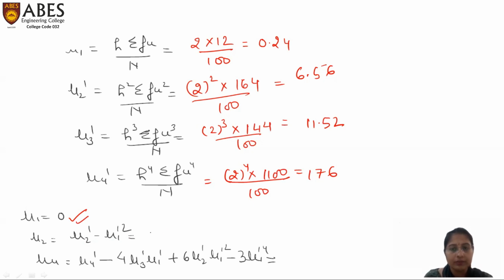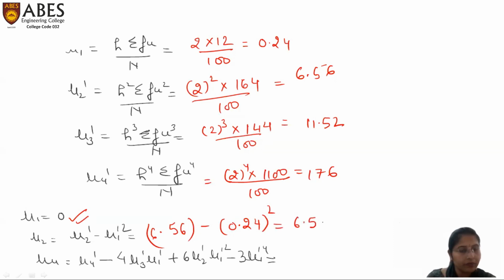So mu2 dash is 6.56 minus mu1 dash, 0.24, whole square. The calculation is 6.5024. Now mu4 is mu4 dash minus 4 mu3 dash mu1 dash plus 6 mu2 dash mu1 dash square minus 3 mu1 dash power 4.